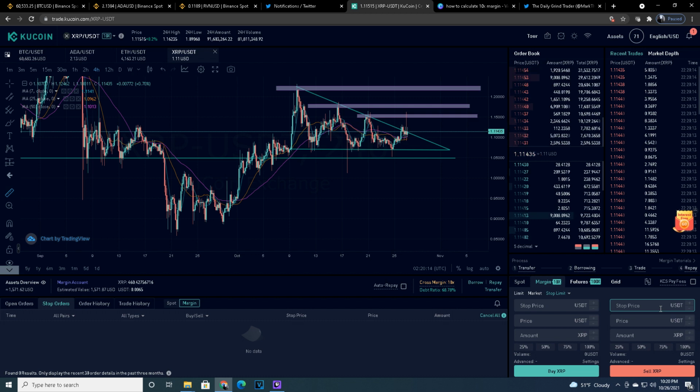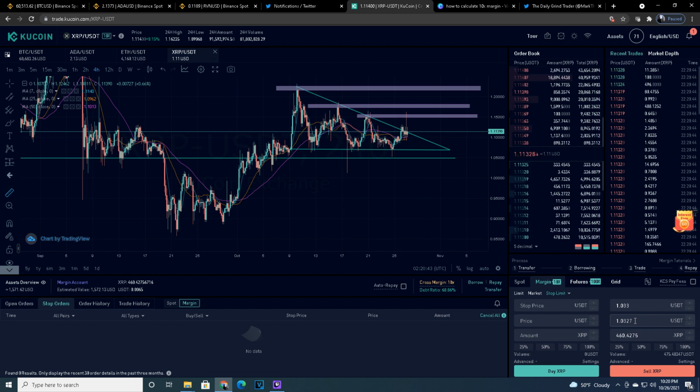So stop price 1.033 and the price 1.0327. I'm at 100% on my XRP. So at the stop 1.033, it will start triggering my sell order, and it will sell down to 1.0327.